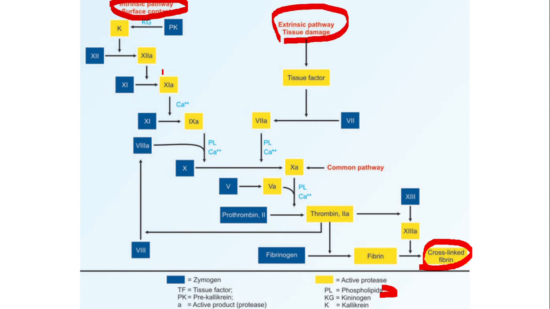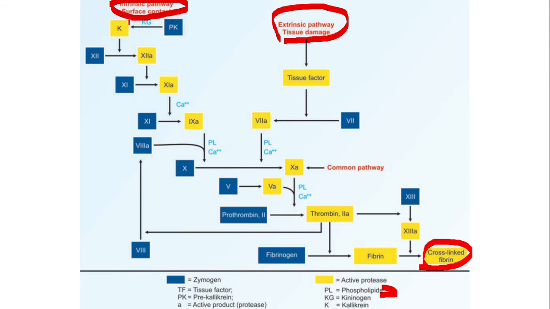There are two different pathways which ultimately convert inactive factor X into active factor Xa. So the intrinsic and extrinsic pathways are two independent pathways responsible for the conversion of factor X into Xa. Once Xa is formed, there is only a single pathway. You see here.